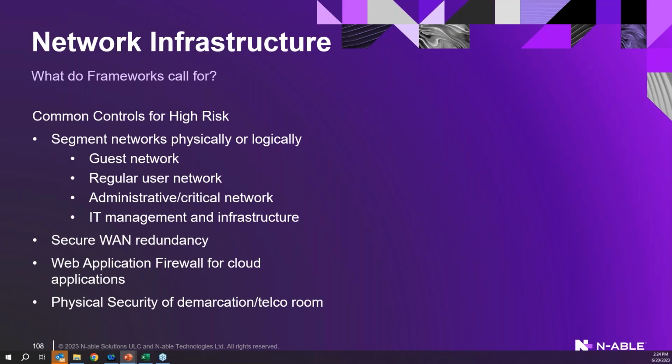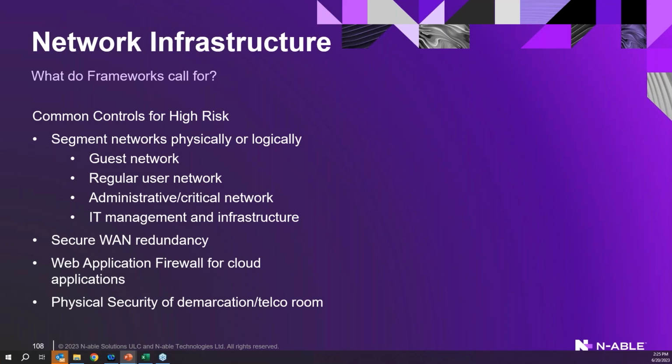Each one of those is going to be a different VLAN or a different physical network if needed. Having secure WAN redundancy, so whether that's failover or round robin, having a secondary external internet connection available. Implementing web application firewalls for cloud applications or any external facing resources.